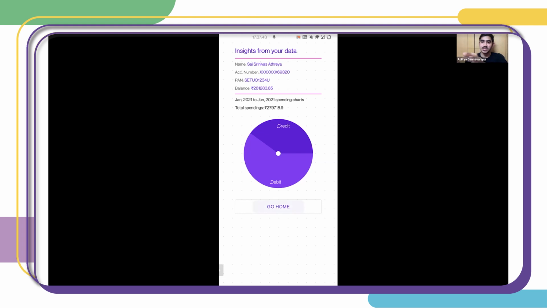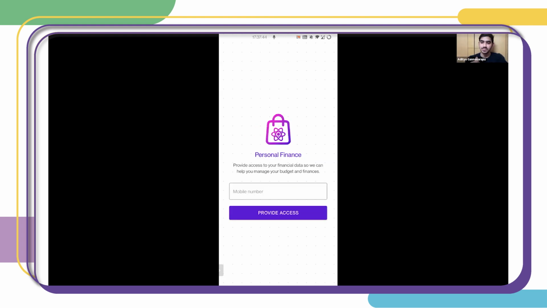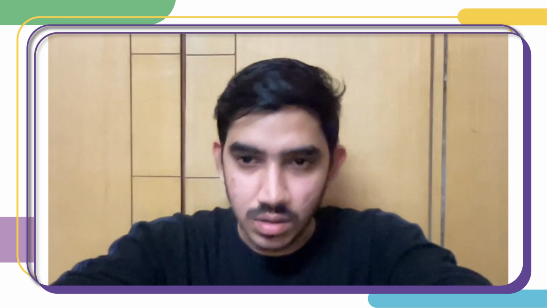So basically, this is an open source app. What we did was we open sourced the code of this particular app. So maybe for this hackathon, you can just fork it and clone it on your end, maybe do some tweaking here and there, and build a similar app on top of Setu's account aggregator.